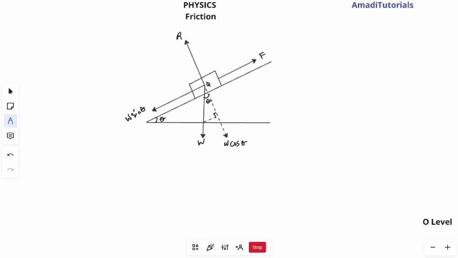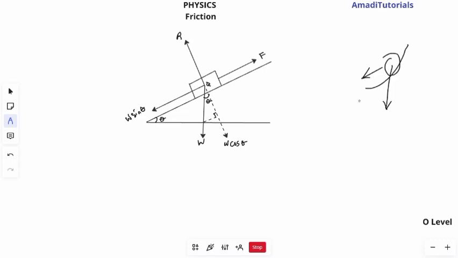Now, when you talk about the weight of this mass or body, the weight normally acts vertically downward. Take for instance, even if you keep something on a slope like this, the weight will not act this way. The weight will act vertically downward.